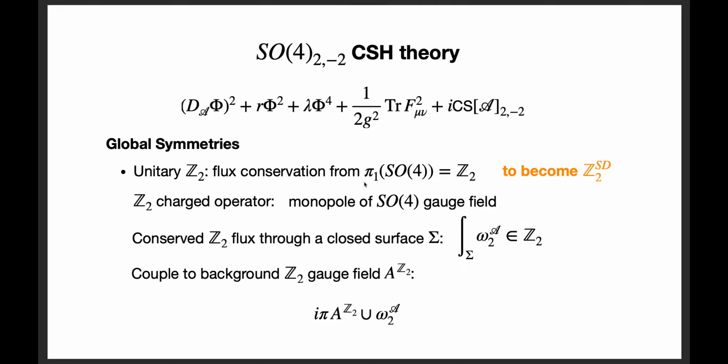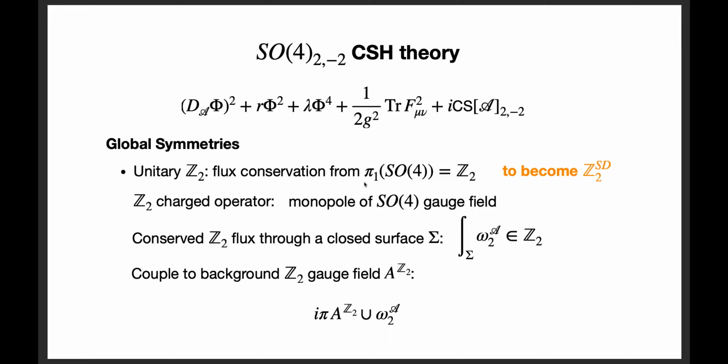If you want to measure the conserved Z2 flux through a closed surface, we use W2. There's a typo, it's W2, the second Stiefel-Whitney class of the SO(4) gauge theory, and it has Z2 values. If we want to expose the symmetry of this field theory, we couple to background Z2 gauge fields.